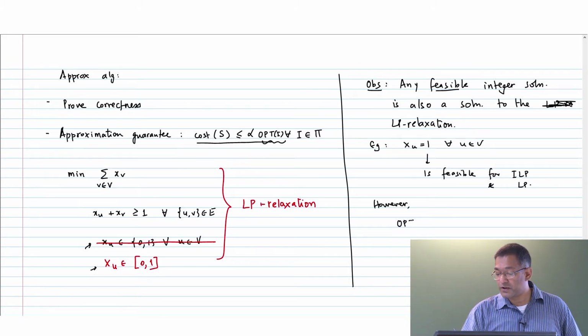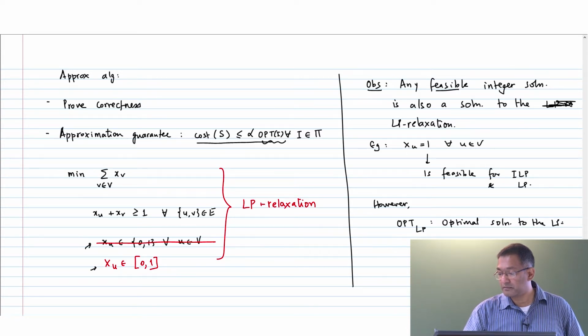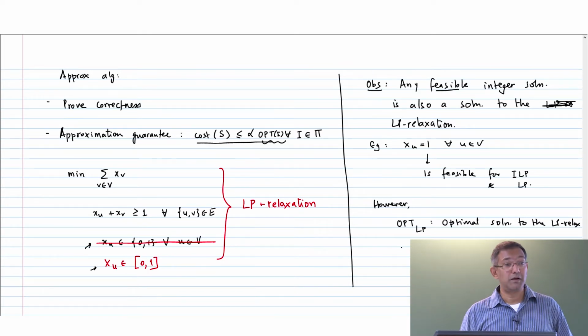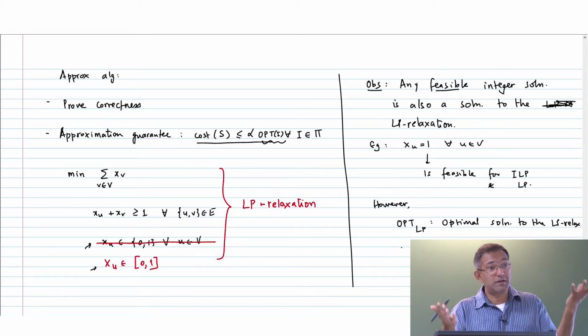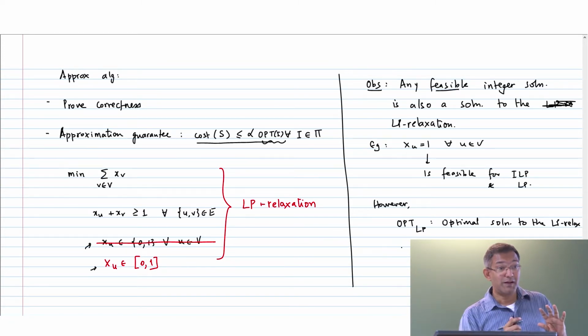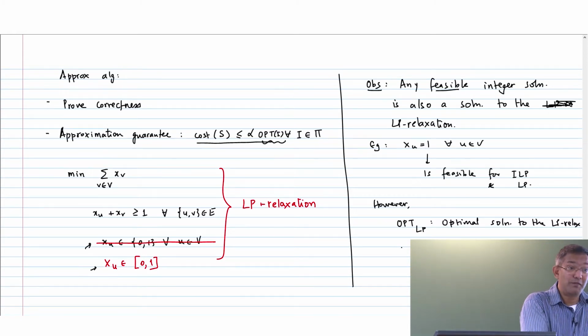However, the optimal solution for the linear program, the LP relaxation, how does it look compared to the optimal solution to the integer program? So, what we have said is if for the integer program any solution is feasible, then for the linear program it is feasible, not the other way around.